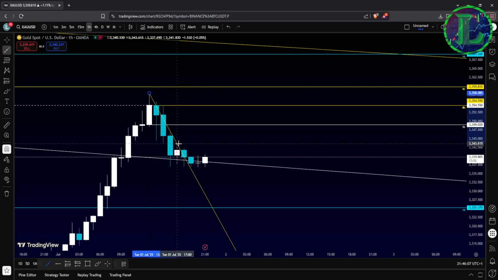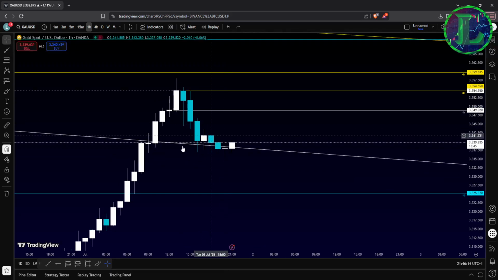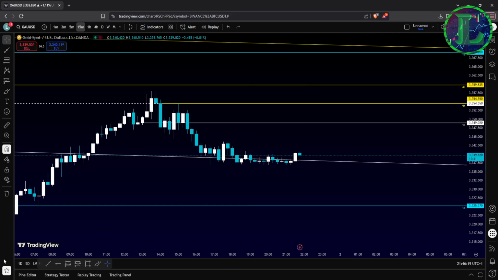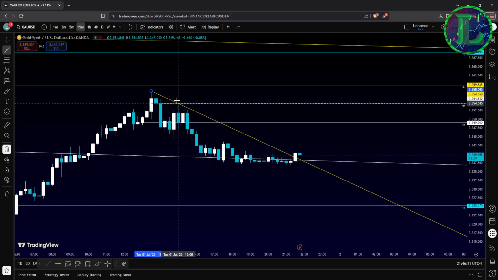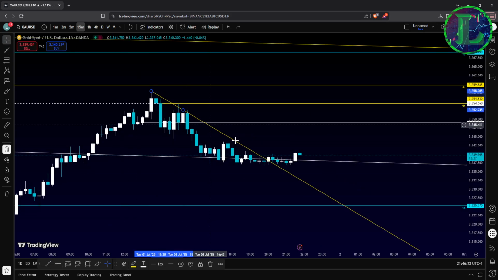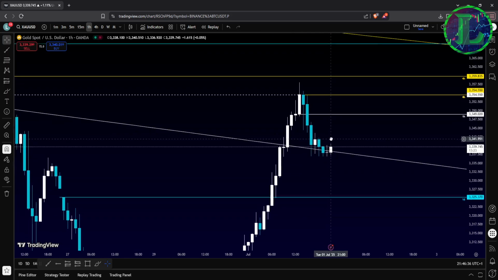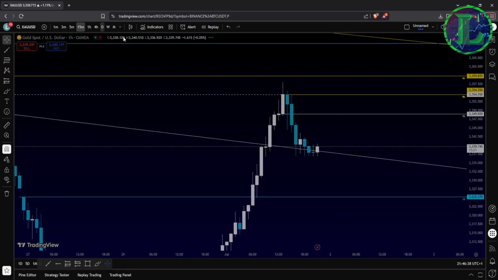So we don't count this because we did not test that and we didn't create a range yet, okay? So we might have a 15-minute downtrend here. 15-minute, I believe it's the best one. And we already broke that, so we might just break up if we don't. Yeah, but we did not test these levels. Okay, I believe we don't have a range downtrend here on this little range. Not yet, guys.